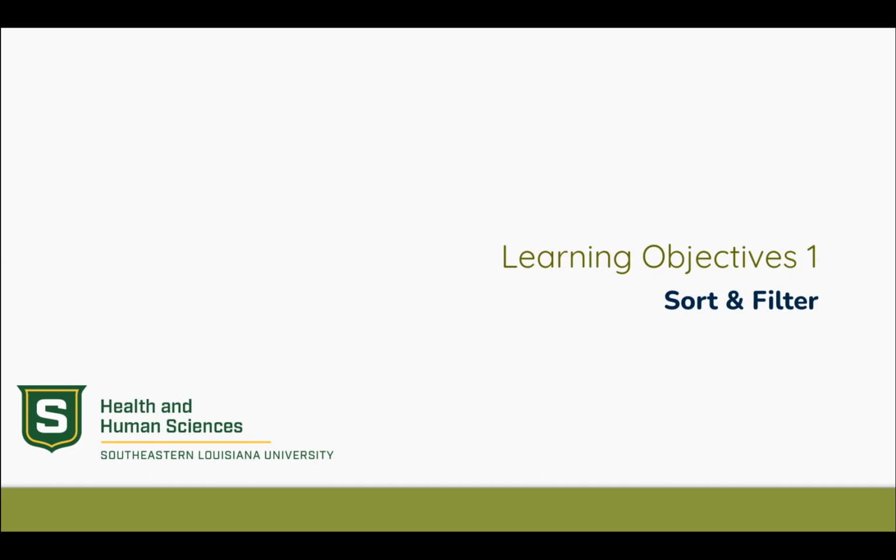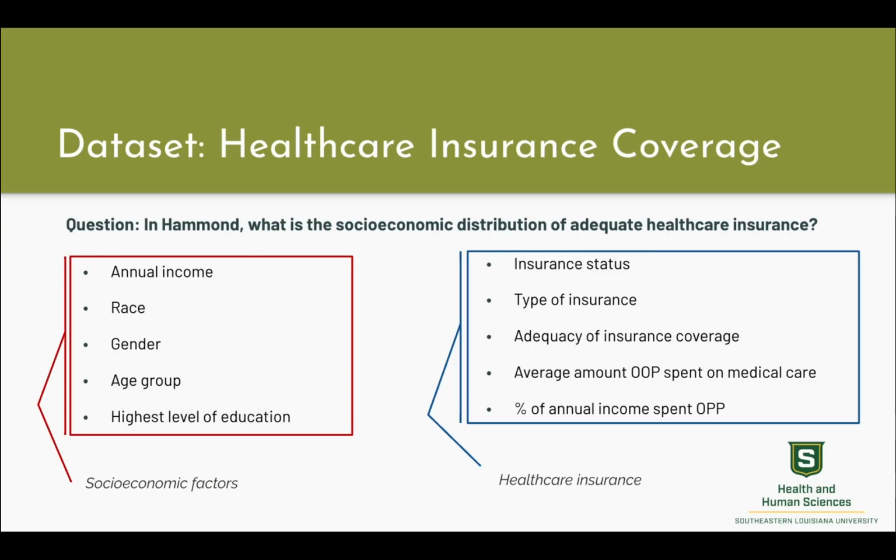For the first objective, we are dealing with sorting and filtering, and we are using a data set called healthcare insurance coverage. The question that this data set sets out to answer is, in Hammond, what is the socioeconomic distribution of adequate healthcare insurance?